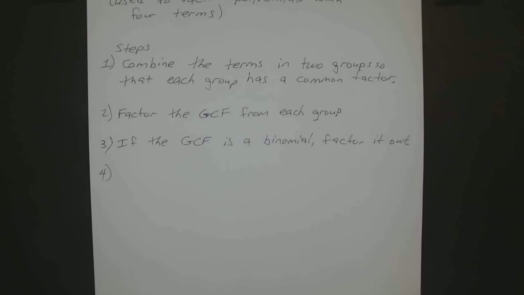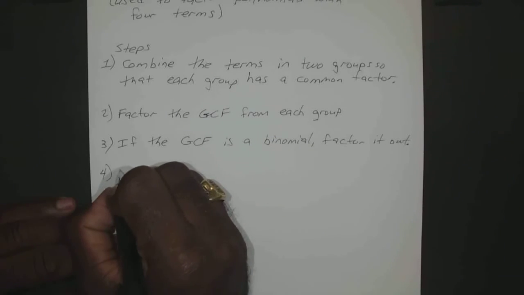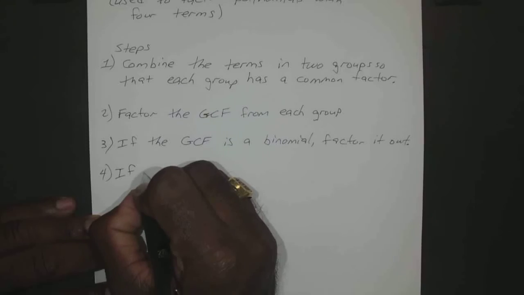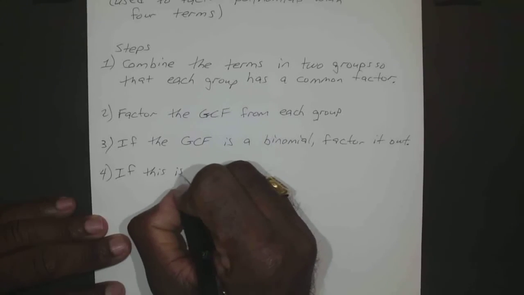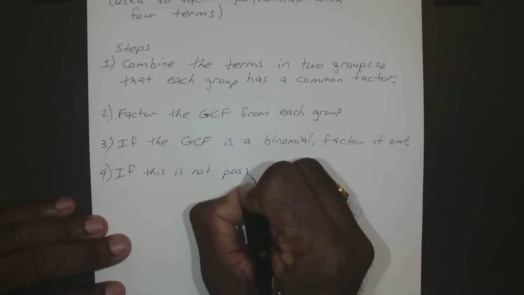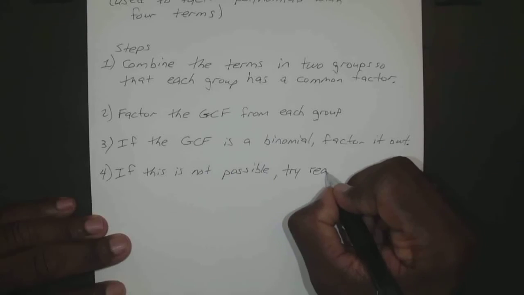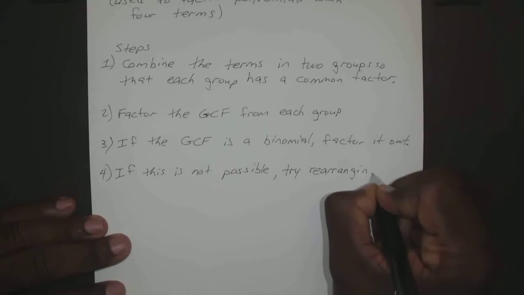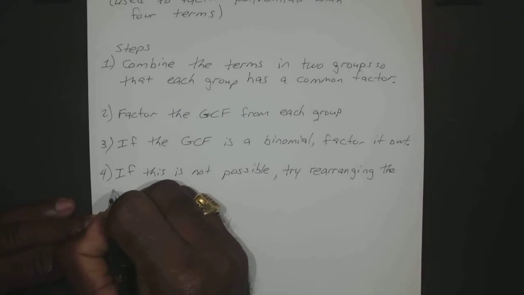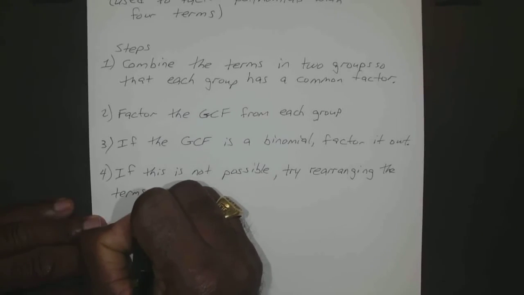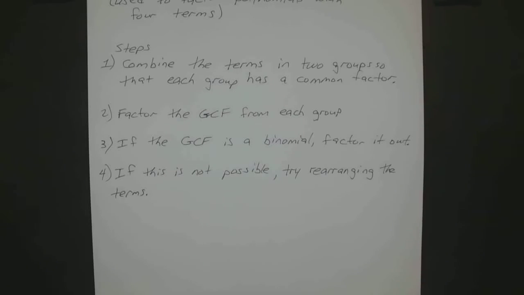Okay. Now, in very rare cases, sometimes you just have to rearrange the terms and you'll be able to factor it. Okay. Now, if you rearrange the terms and you still don't have a way to factor it, then it's called a prime polynomial.